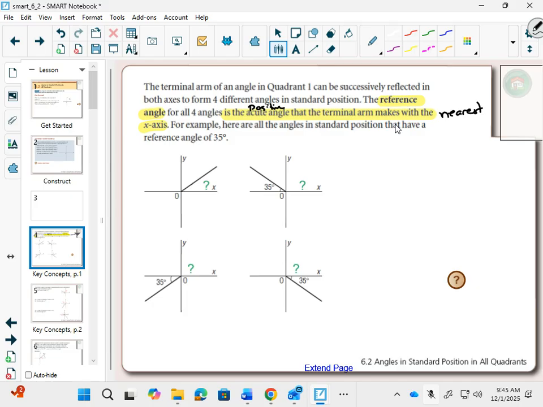Acute means between 0 degrees and 90 degrees. So a reference angle for all 4 quadrants is the acute angle, or the angle between 0 and 90 degrees, that the terminal arm makes with the nearest x-axis.